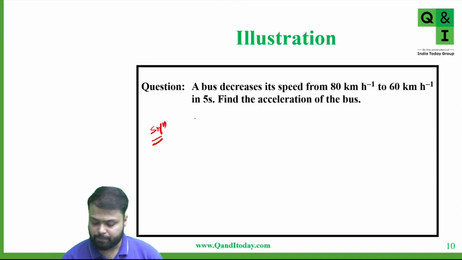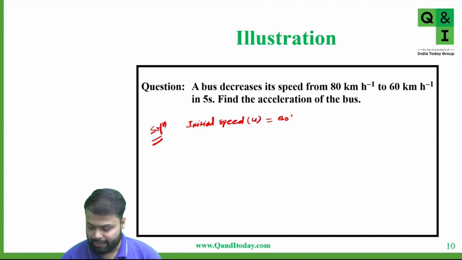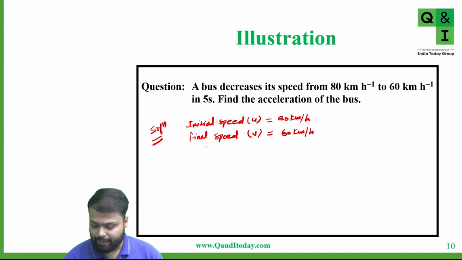Given initial speed, here in the question, let's say u is equal to 80 kilometer per hour. Final speed, let's say v, given as 60 kilometer per hour, and time, let's say t, given 5 seconds.